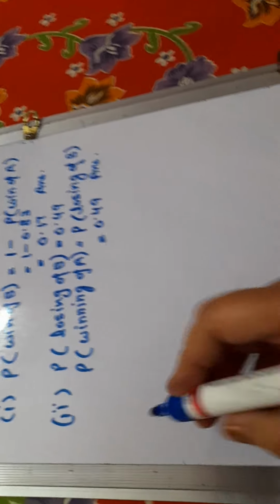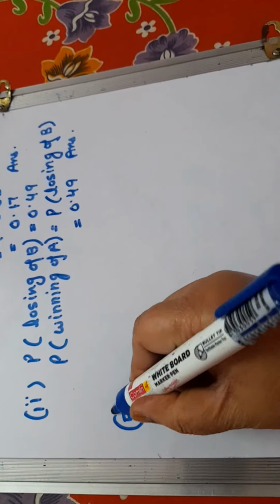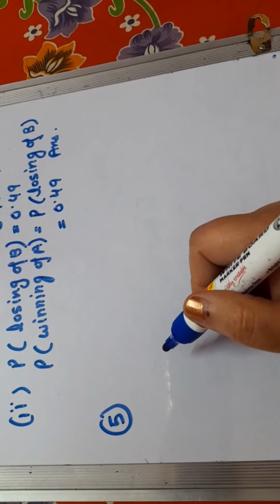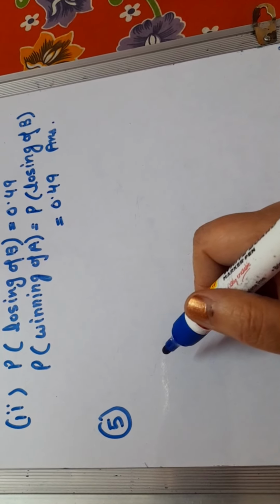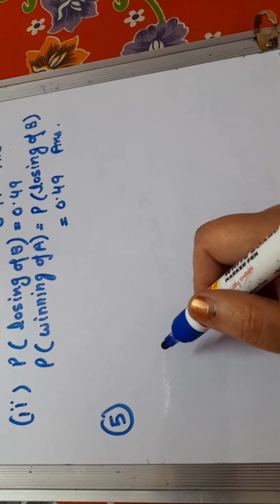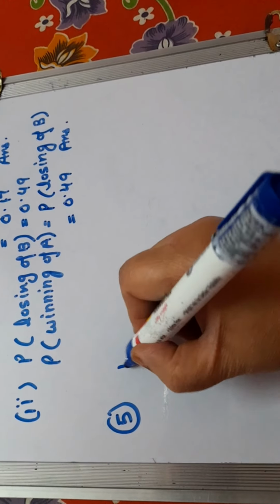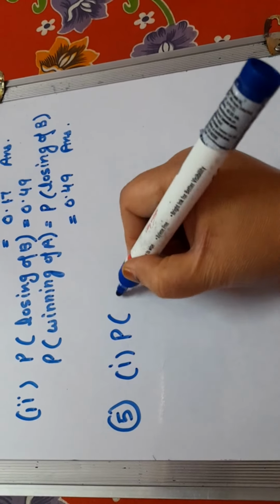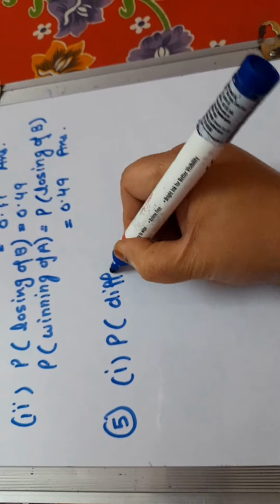Now we will do question number 5. A and B are friends. Ignoring the leap year, find the probability that both friends will have different birthdays.